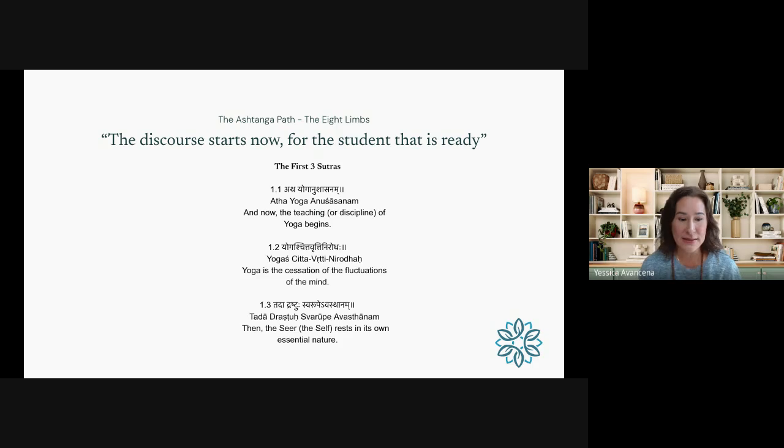1.3 is tada drashtu svarupe avasthanam. Then the seer, so the self, rests in its own essential nature. So what's the point of arriving at a calm mind? What is the point of going through all these practices, whatever they all are, to arrive at this calm mind, for what?